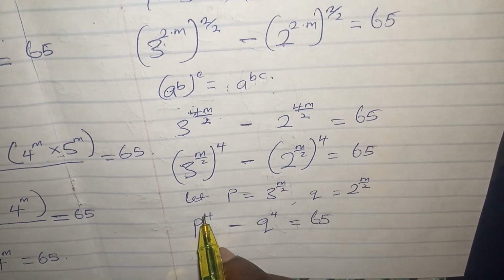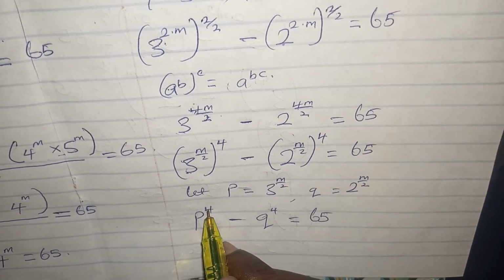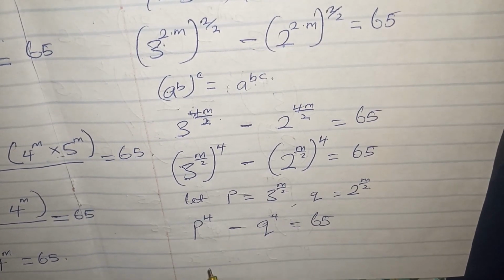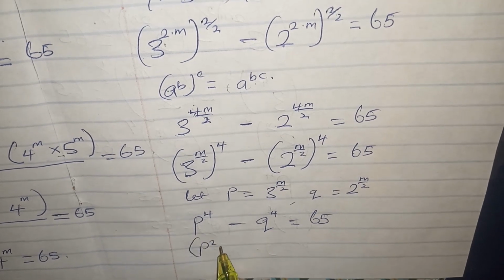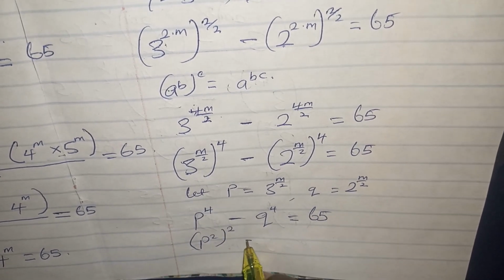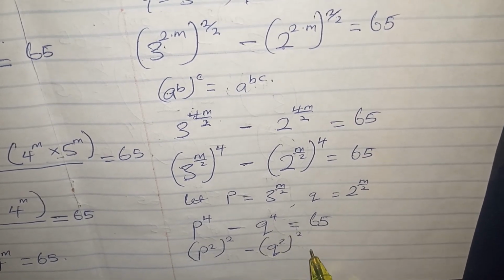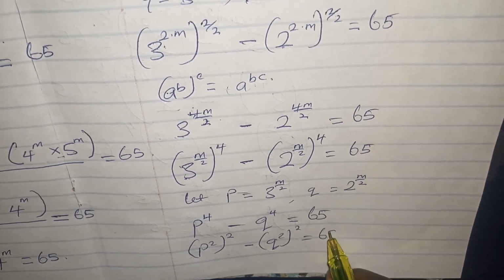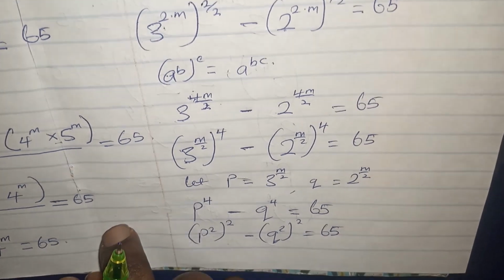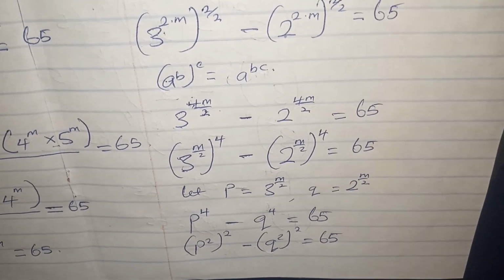Okay? p to the power of 4 can be written as p squared, all to the power of 2. So we have p squared, all to the power of 2, minus q squared, all to the power of 2, equals 65.